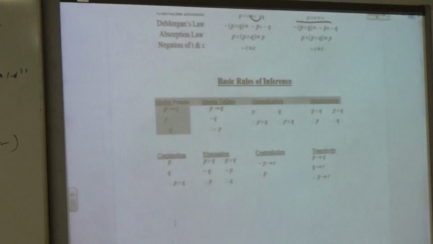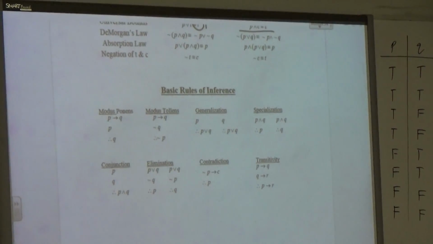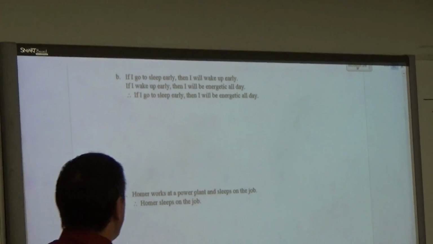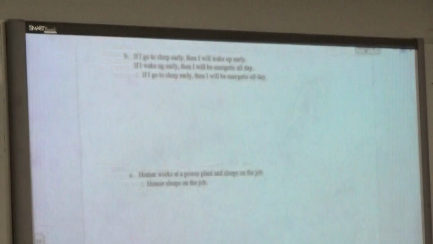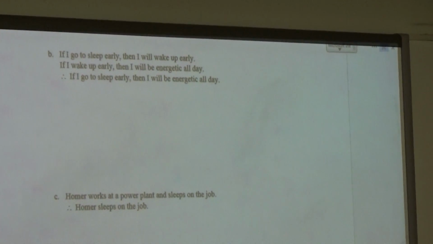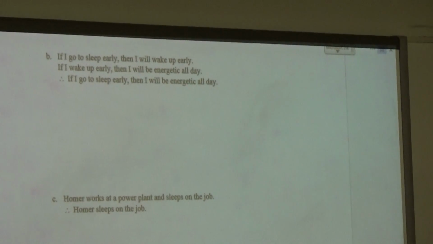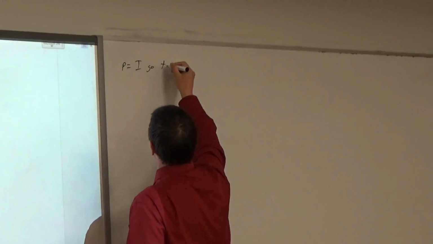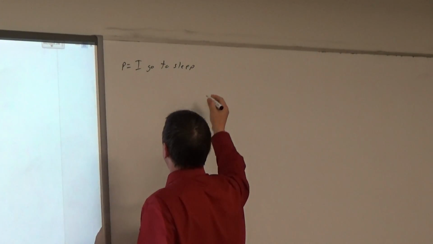Okay. So, like we said, I believe that the next one has 3 statements in it, okay? So I think one of them is going to be, I go to sleep early. So let's go ahead and knock this one out. Okay, so let's say P equals I go to sleep early.